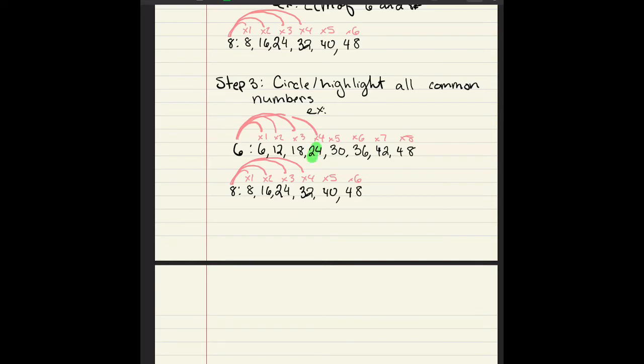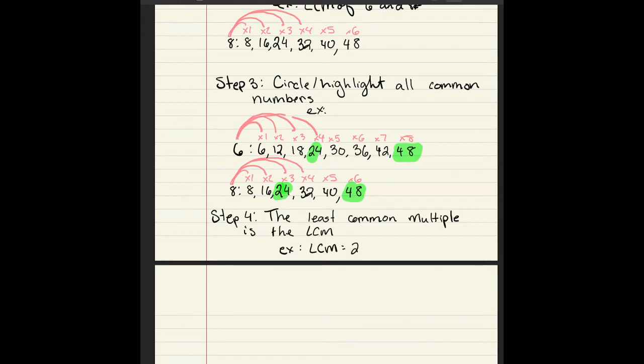The numbers that I have in common are 24 and 48. And step 4 really isn't a step. Step 4 is: the least common multiple is the least common multiple, right? So in our example, the LCM equals 24.